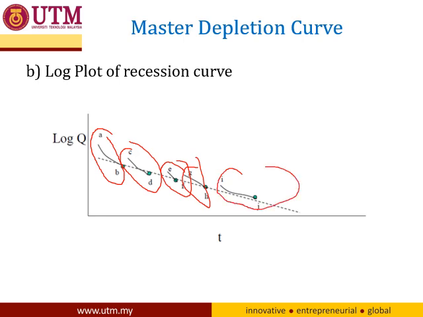So remember, A, B, C, D, E, F, these are all events from storm. Then we try to plot it, and log Q. Before we had Q, but now we log the Q because we want to have a straight line, a linear regression line. So we log Q.